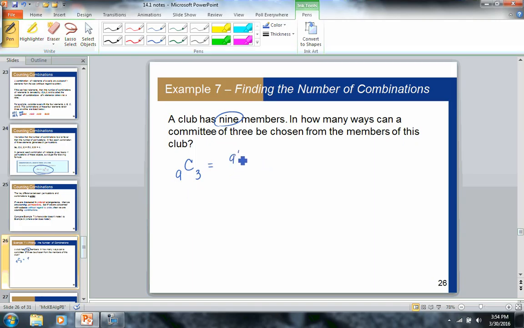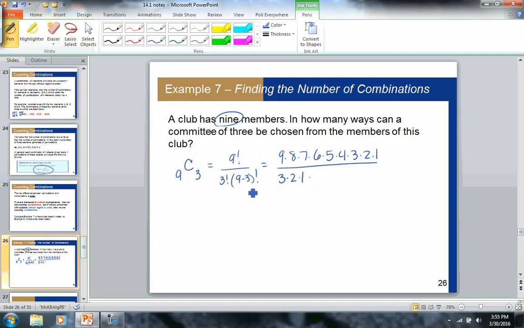But what the calculator is doing is it's taking 9 factorial over 3 factorial times 9 minus 3 factorial. And again, the 9 factorial is 9 times 8 times 7 times 6 times 5 times 4 times 3 times 2 times 1. And then the 3 factorial will be 3 times 2 times 1.